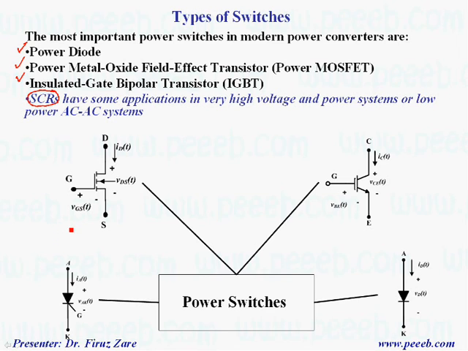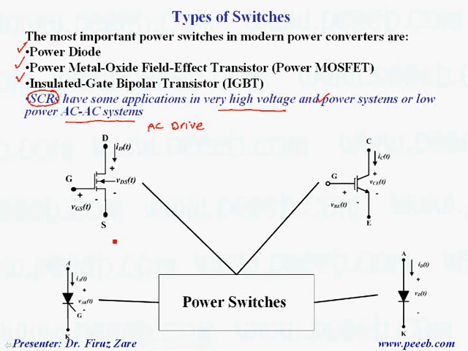So what happens is, we normally use SCR in very high voltage, high power applications, especially in power systems, or in very low power AC systems, for example, for a very simple and cheap AC motor drive.